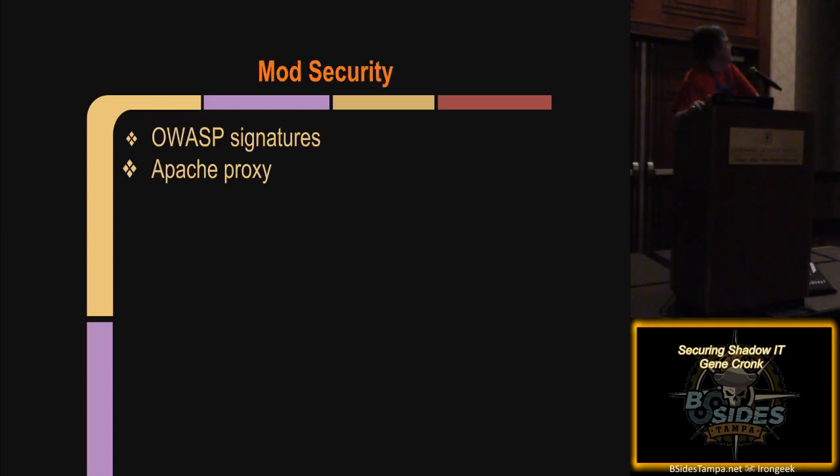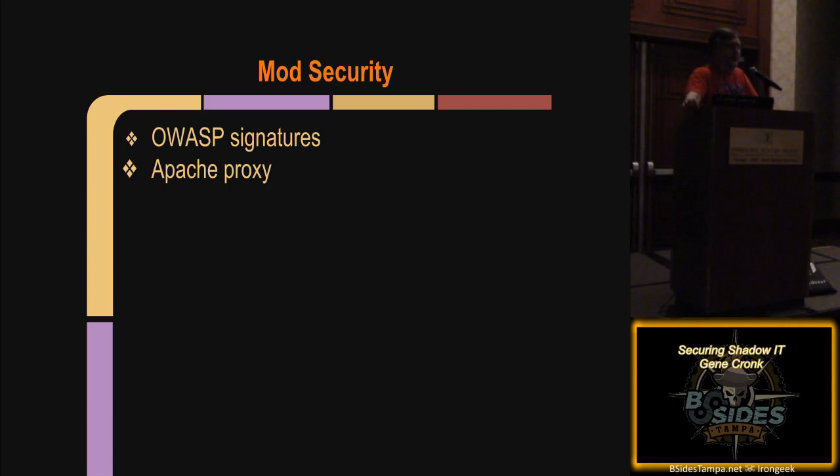So after researching this, I revisited this project as part of my capstone for my bachelor's degree. And I started looking at places where I'd messed up. I hadn't played with ModSecurity in years. And I started messing around with it a little bit more, and it turns out that OWASP has a ton of signatures all in one file.